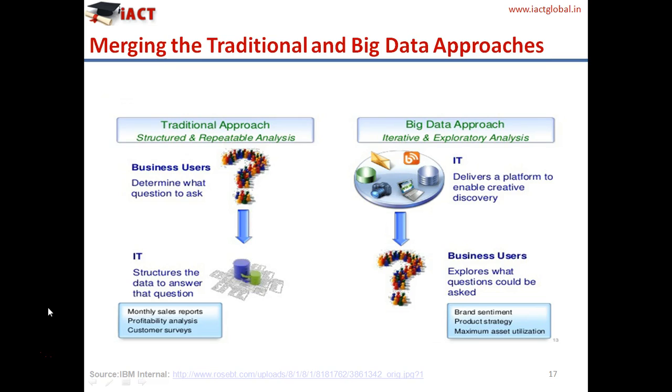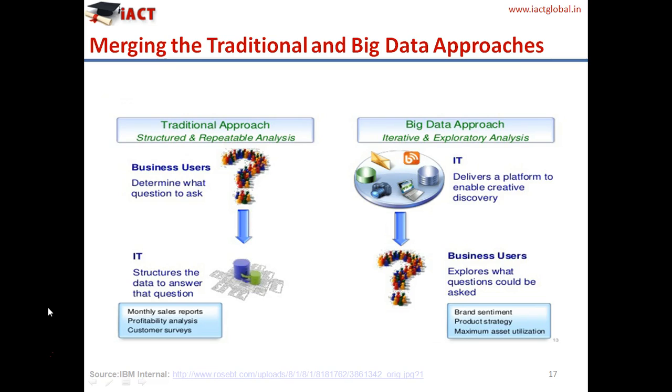So let's see how business users and IT have been working together in traditional approaches and in big data approaches. We'll see the difference. It's a beautiful example. In the traditional approach, we had structured and repeatable analysis, where business users gave us a question: this is what we need.